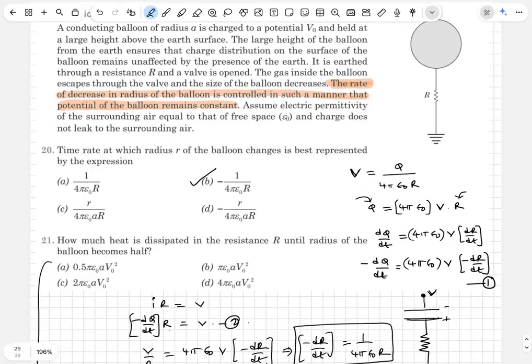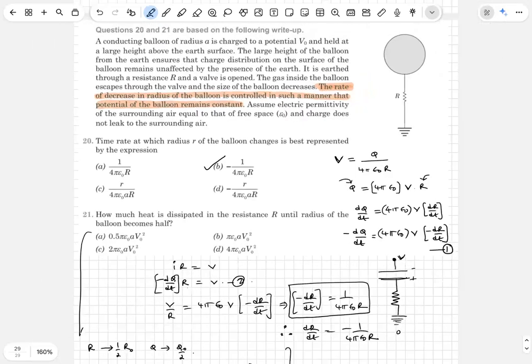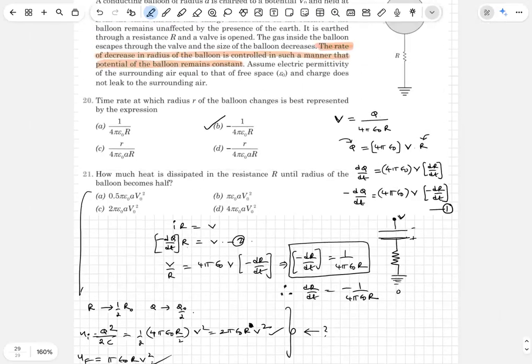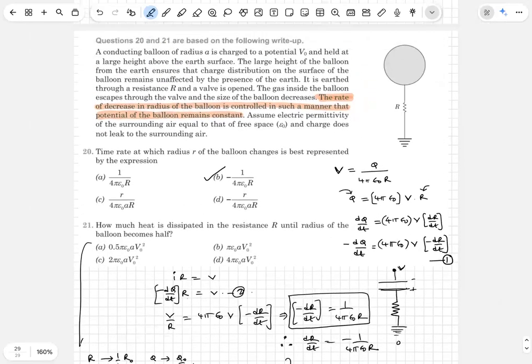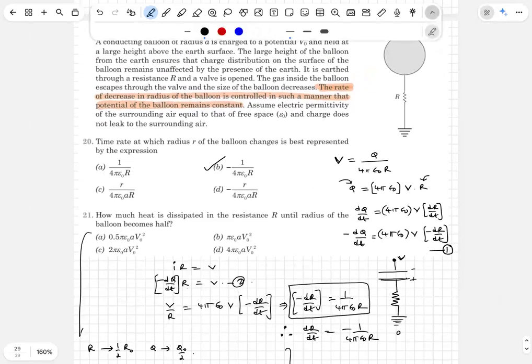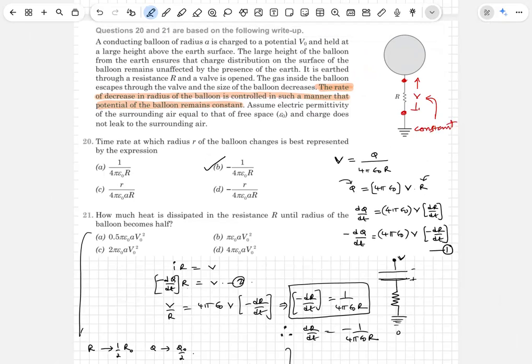So very good question. Please try to follow this very carefully. The basic logic of this question is that this V, the potential difference, is constant throughout. That is the logic of the question.